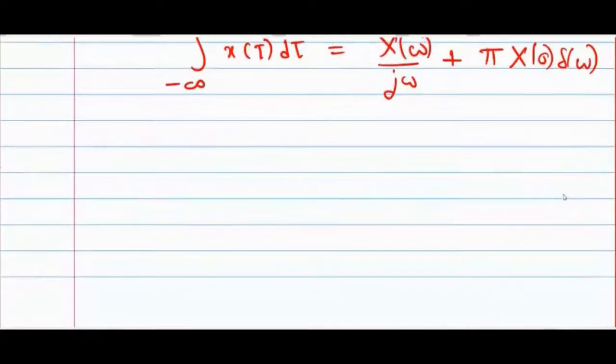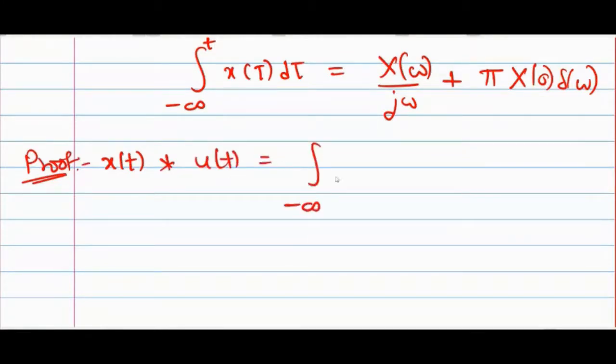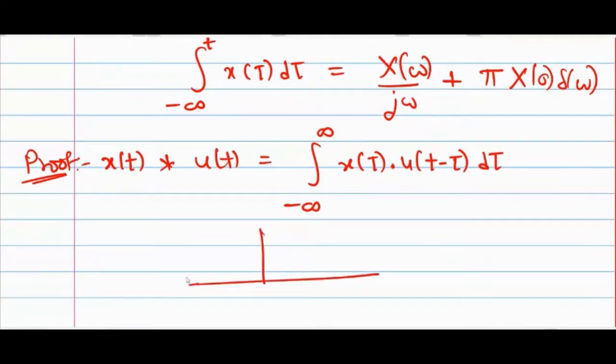So first of all, I will write what is x of t convolution u of t. Proof. What is x of t convolution u of t? So use convolution formula. So integration minus infinity to infinity x of tau into u of t minus tau d tau. Then this u of t minus tau is present from minus infinity to t.